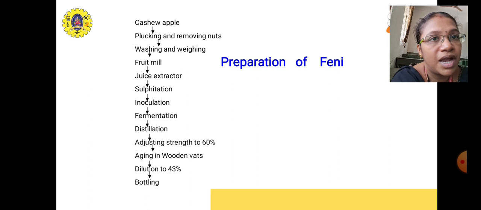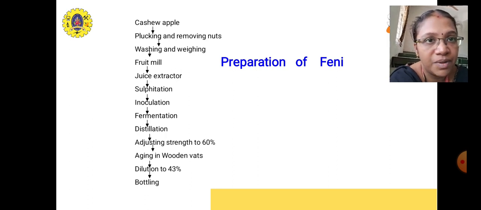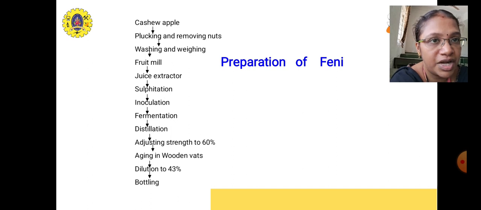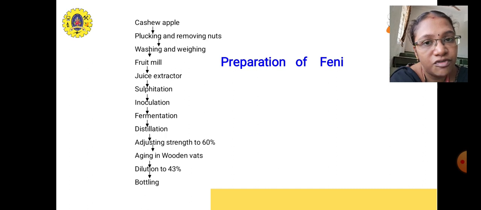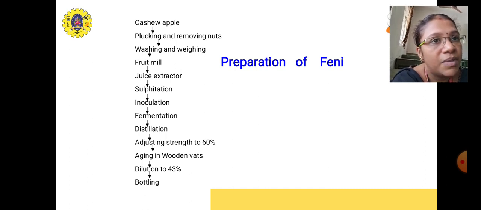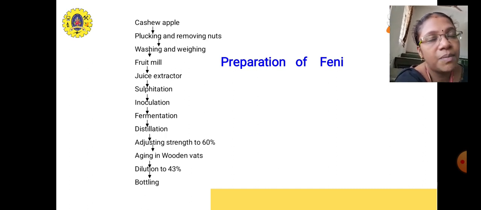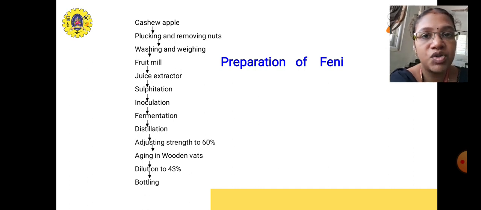How it is prepared: first we take the cashew apple, pluck it and remove the nuts separately. Then we wash and weigh it according to the amount of feni required. Then we put it in a fruit mill; only the cashew apple part is used to prepare the feni drink.